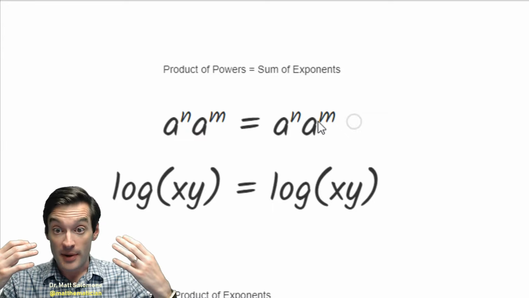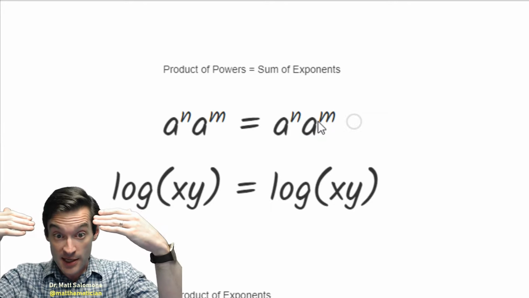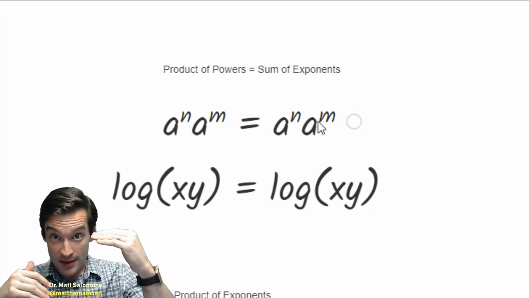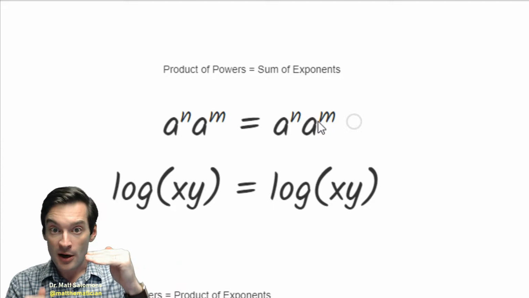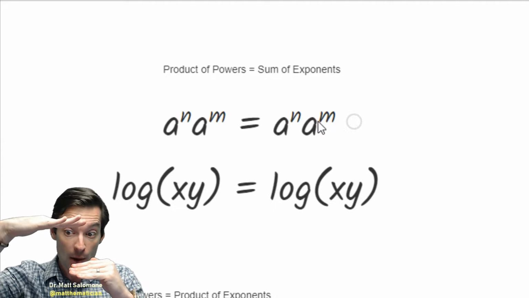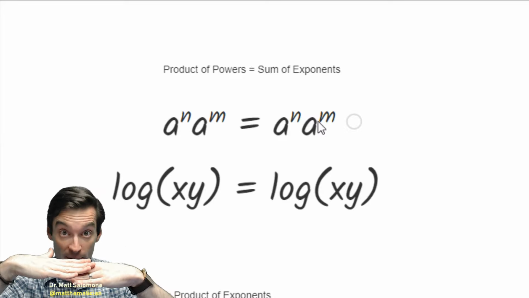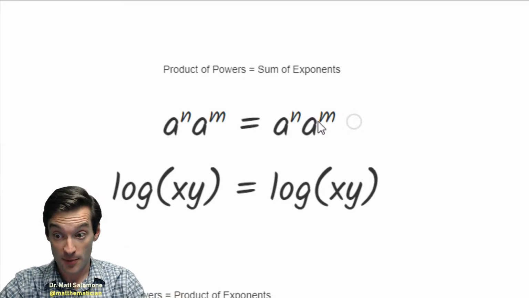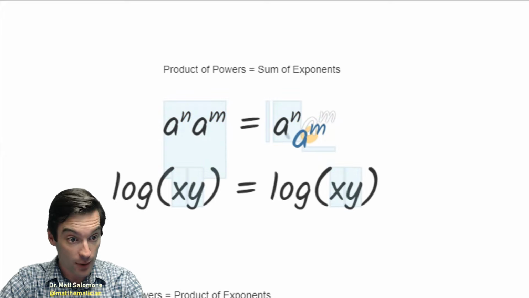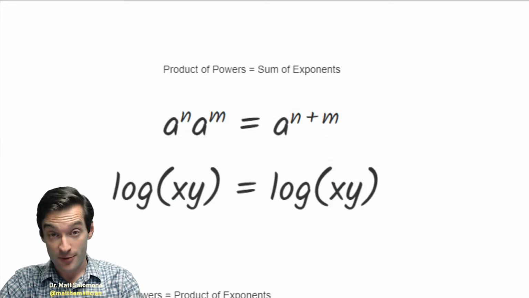The hierarchy, the layer cake of arithmetic, tells me that whatever I do to exponents is going to be one step lower on the layer cake than what I'm doing to their corresponding powers. So if what I'm doing to powers is multiplication, what I'm doing to their exponents is the step below multiplication, which is addition on my arithmetic layer cake. Multiplication of powers, when the base is the same, is the addition of their exponents.